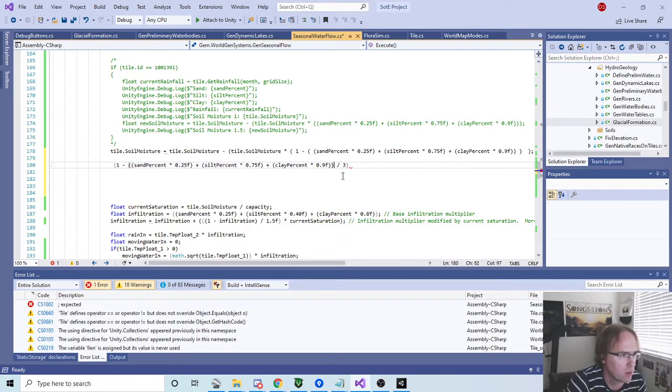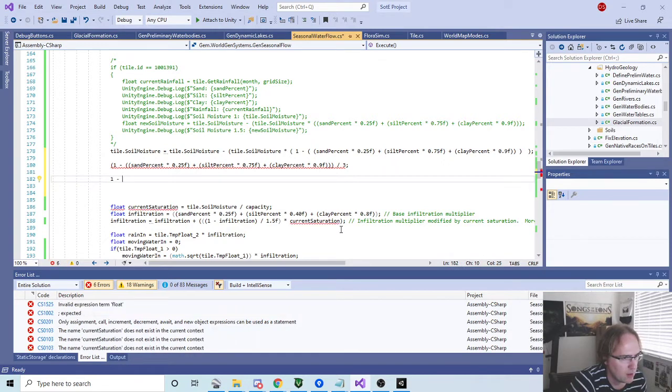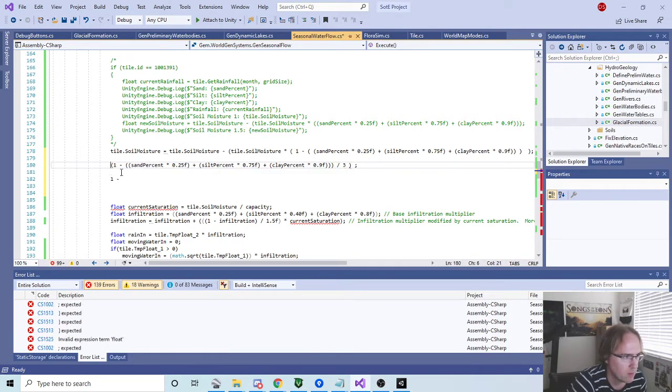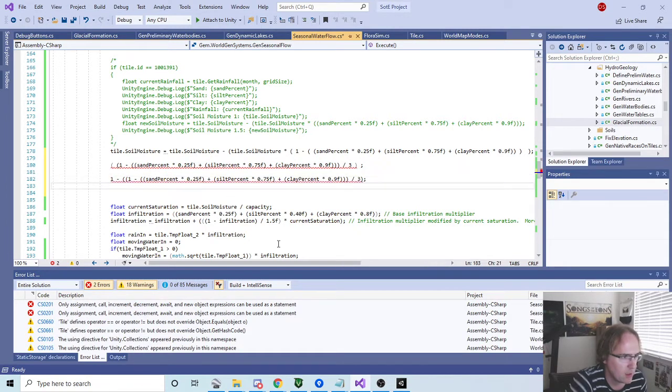1 minus 25 divided by 3. Minus 25. Get that value, divide by 3. I think that gets us what we want.